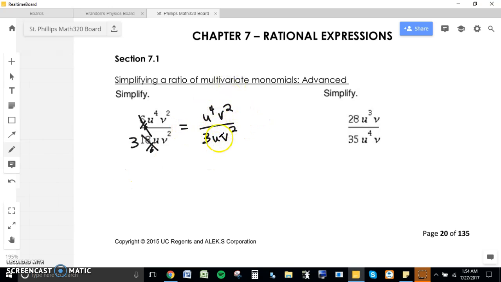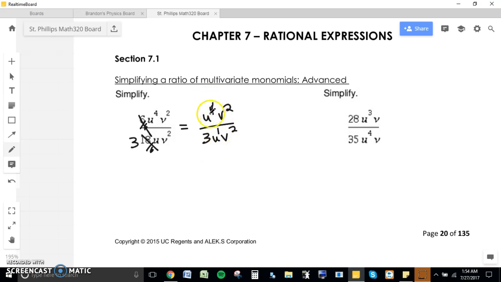Now we go on to the u's. I have u to the 4th over u to the 1st, even though we don't have the 1 written there. How many u's do they have in common? Just 1. So I can cancel out 1 u from the top and 1 u from the bottom.